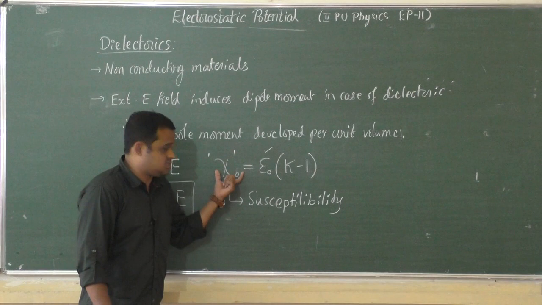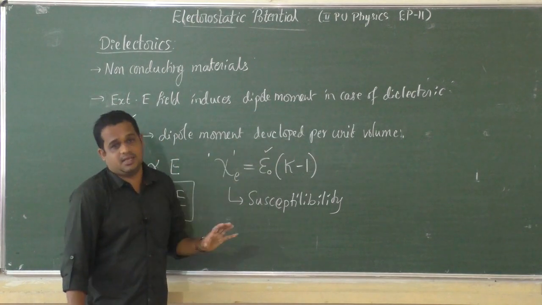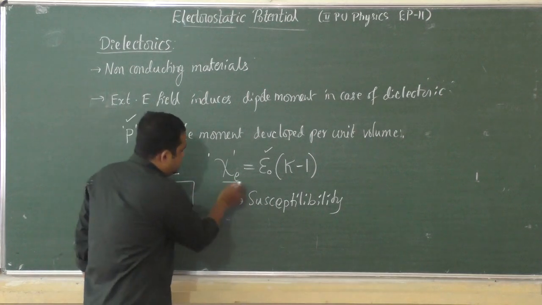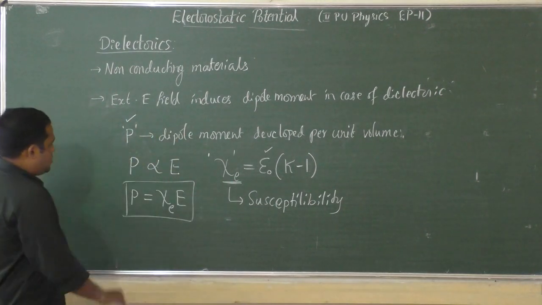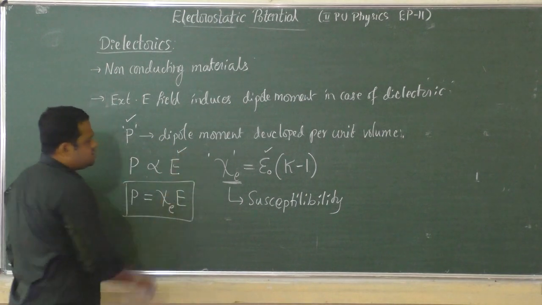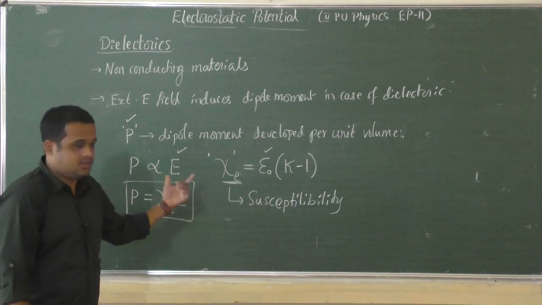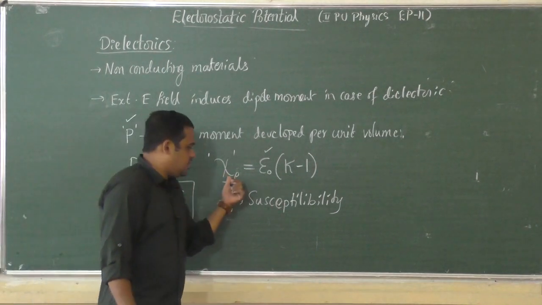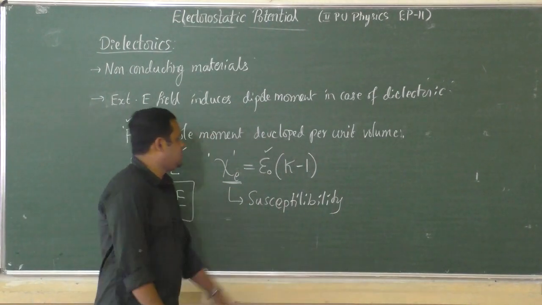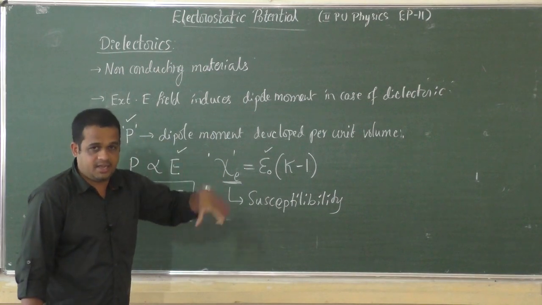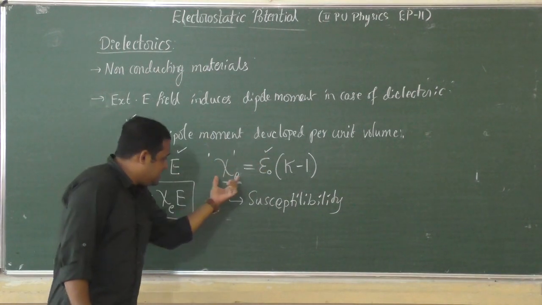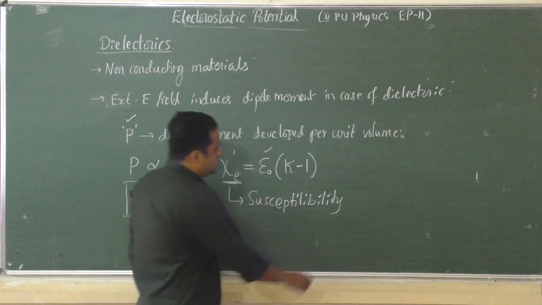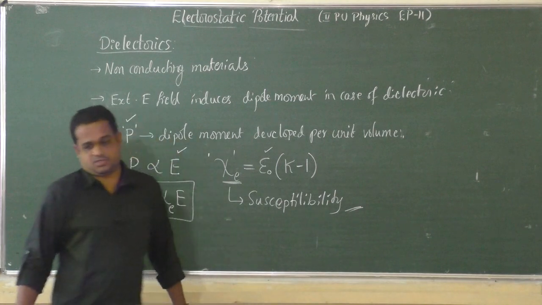If chi is large, such materials can be polarized easily. So this value depends on the material. Polarization is directly proportional to the strength of the electric field: the stronger the field, the easier the polarization. And electric susceptibility is decided by the material. It gives an idea of how easily the material can be polarized. This is about polarization of dielectrics.